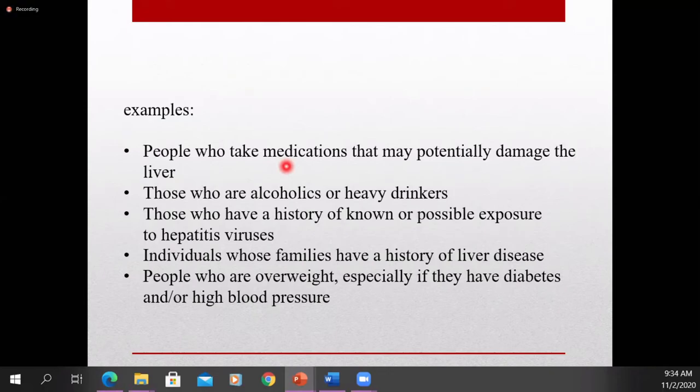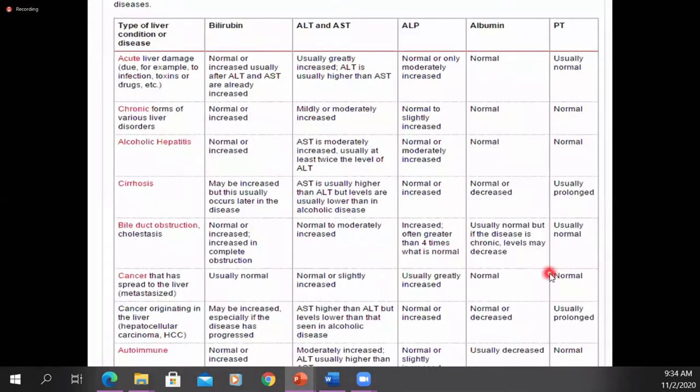Okay, this table is just to memorize when you go to the clinic, not for the exam, not for the GIT system. The reason is that you have a lot of parameters here like bilirubin, ALT, AST, ALP, albumin, PT.